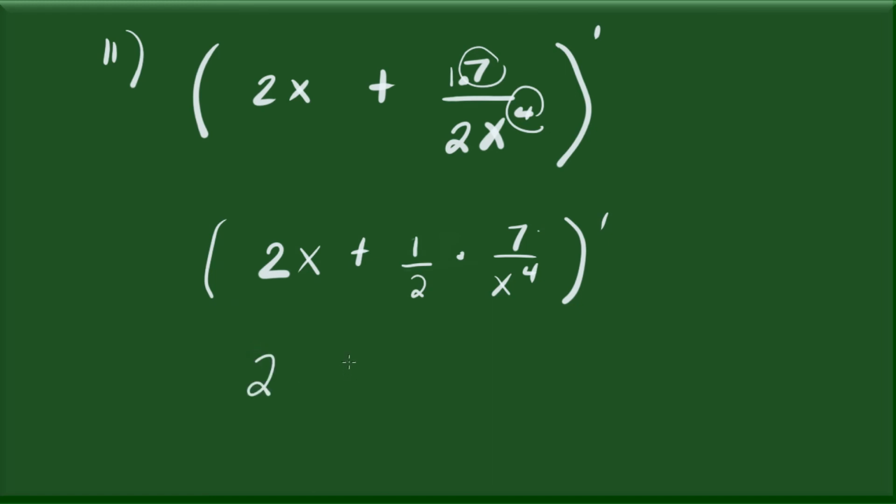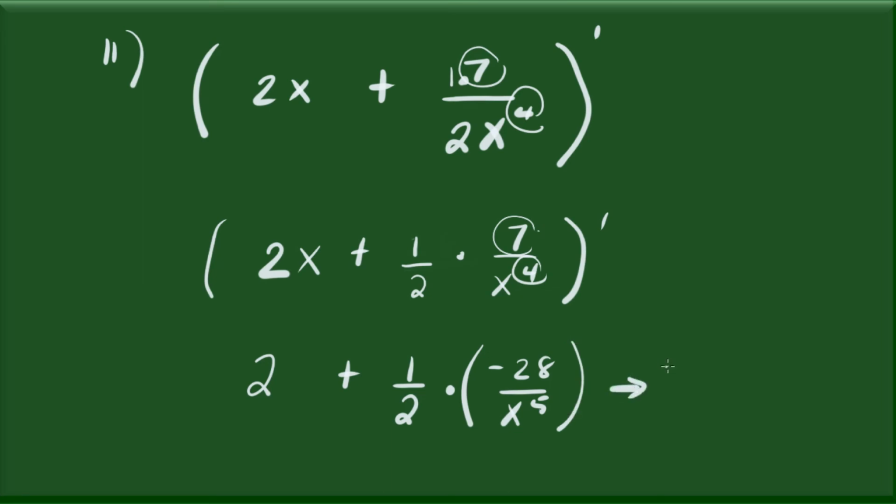So this 1/2 is like a constant multiplied by 7 times 4, which is negative 28. We switch the sign, remember, over x raised to 5. Now you can simplify by multiplying these two. So this can be reduced to negative 14 over x to the 5th.